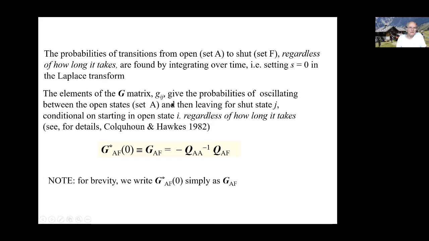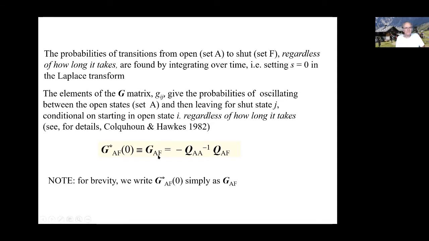So in this case, when we set s equals 0 in the Laplace transform, G_AF star of 0, then it's minus the inverse of QAA times QAF. And here we need to notice something which is quite important for understanding the theory papers.